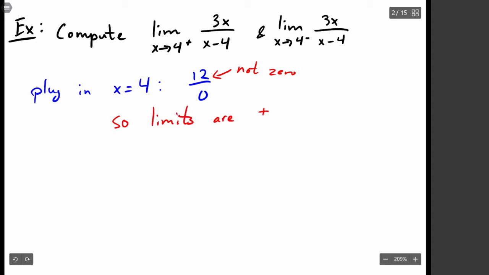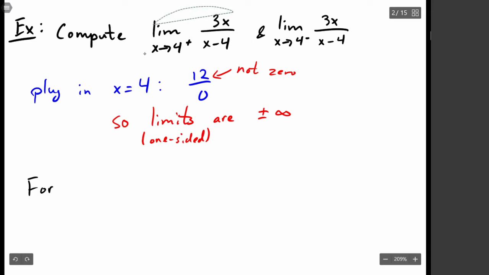I should specify, these are for one-sided limits. The two-sided one might not exist if these don't match.